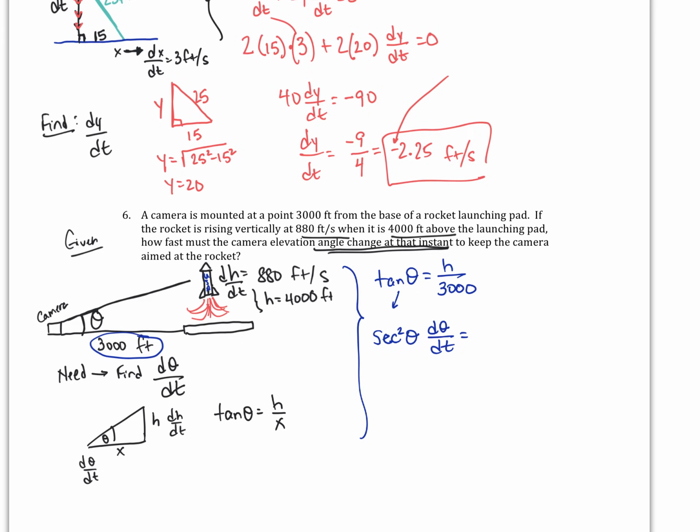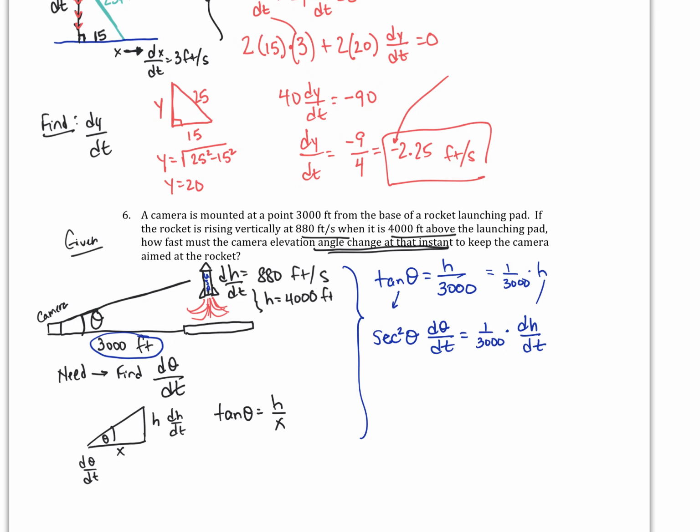Over here, this is like saying 1 over 3,000 times h, because that's my constant. So this becomes 1 over 3,000 times dh/dt.